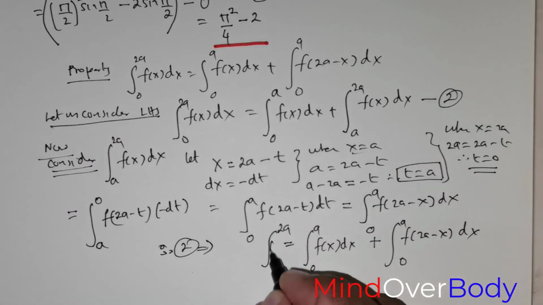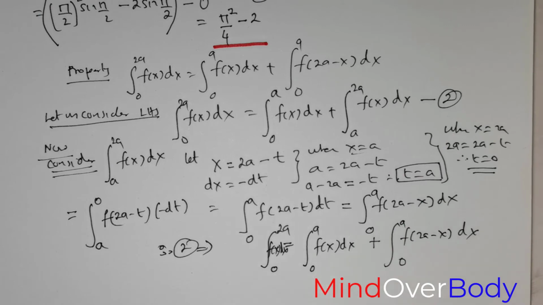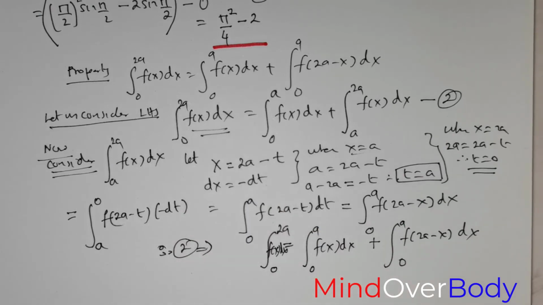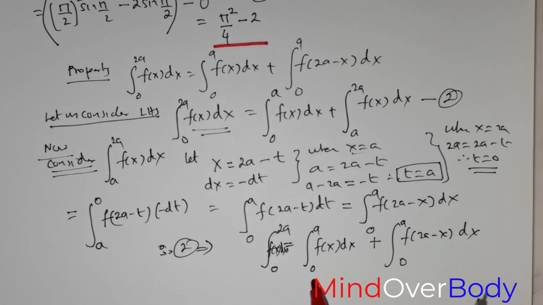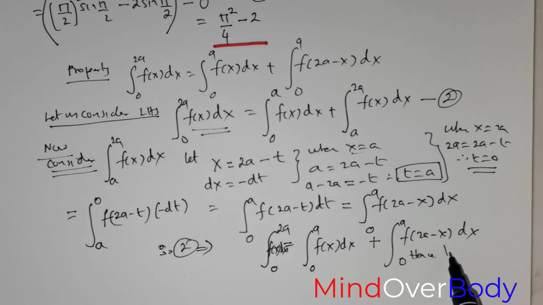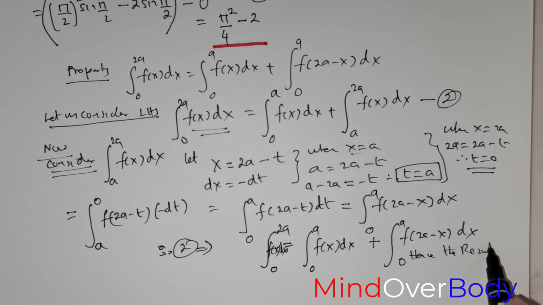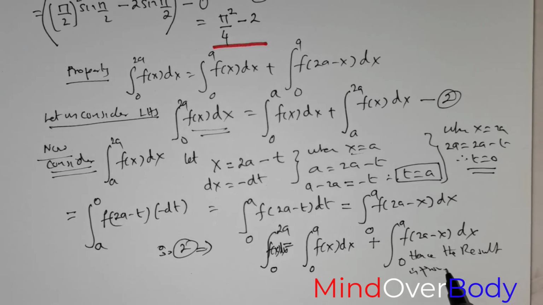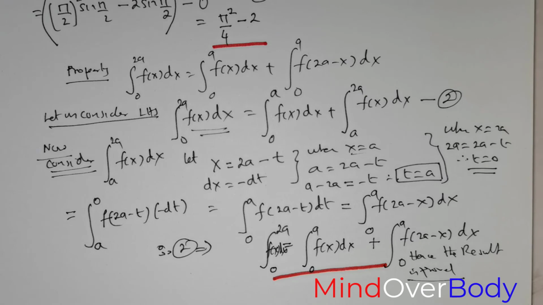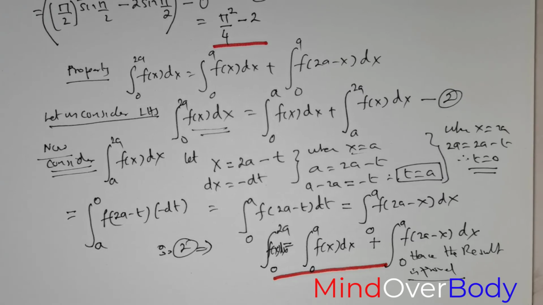However, I should substitute f of x times dx here. Right? So that is what we started with. So this is a good place for us to stop, and I will just say hence the result is proved. So we will move on to apply this property and do questions.